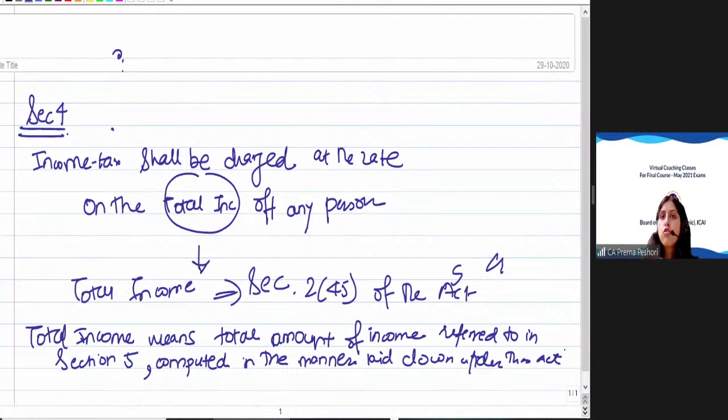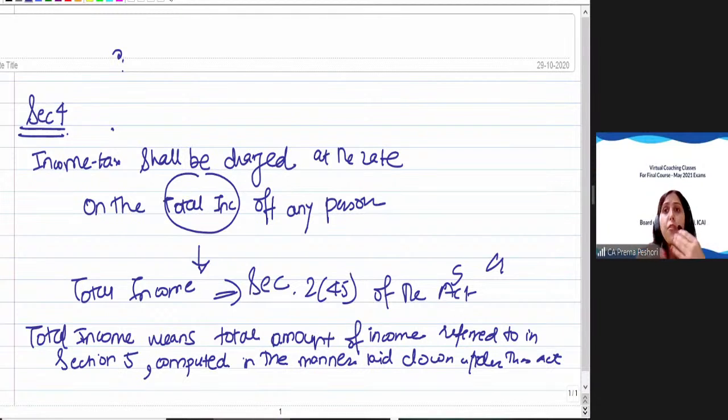So section 4 refers to total income, and section 2(45) refers to section 5.